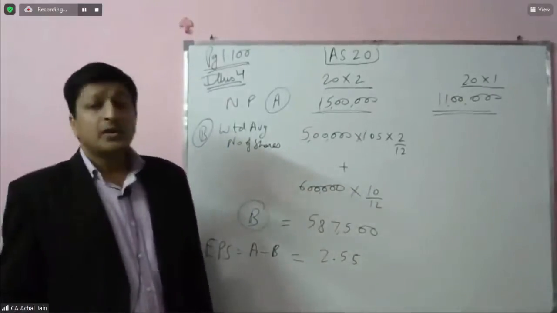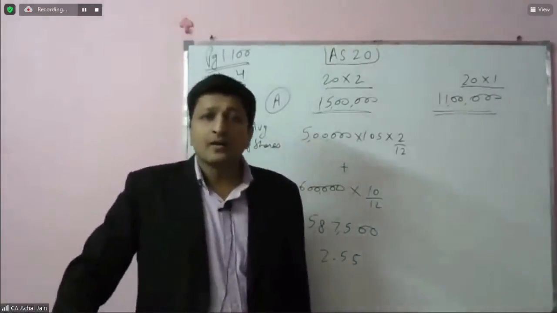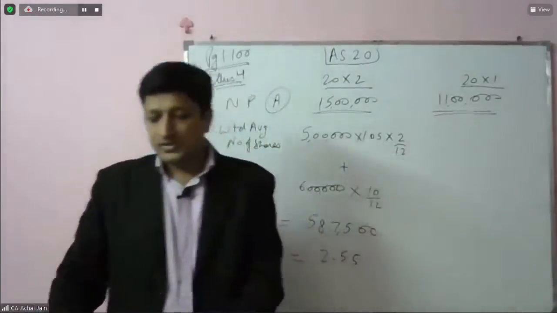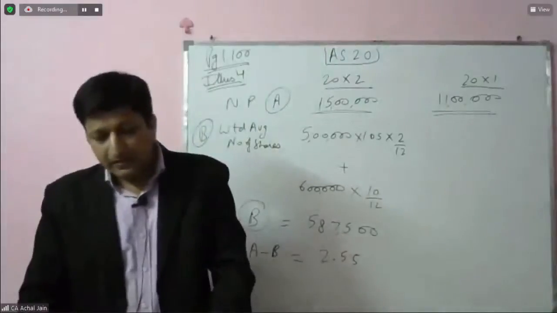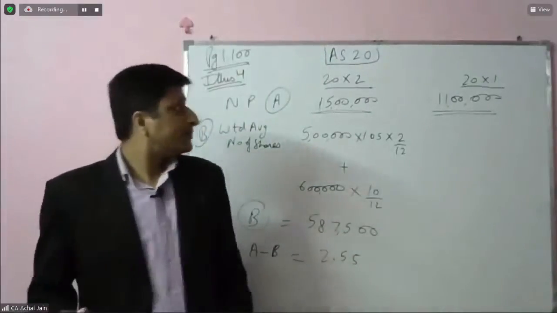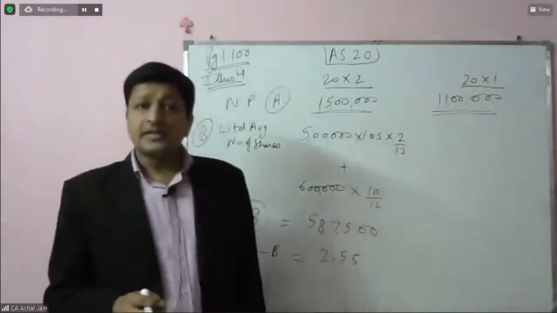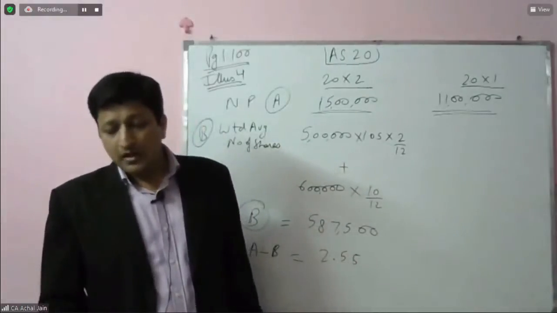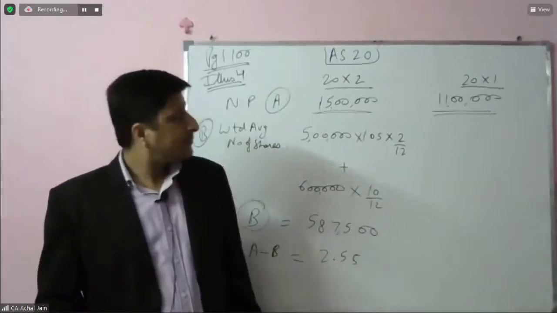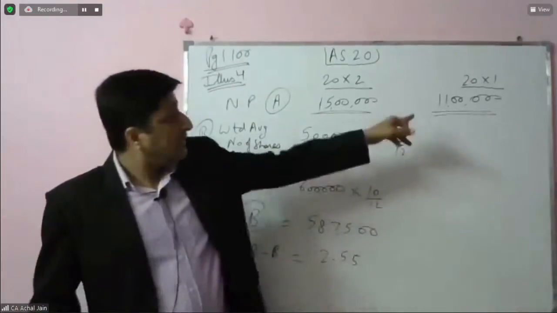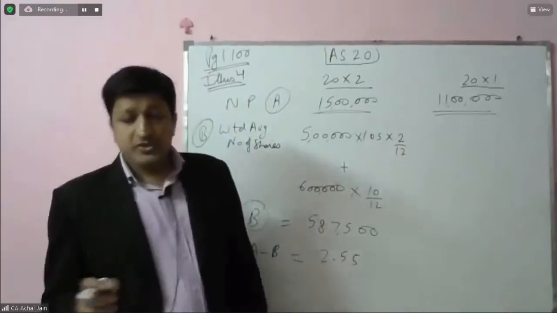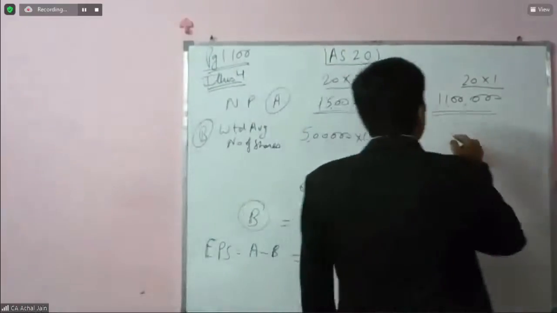Now, we will not remain limited to the current year. We will also be required to recompute the EPS for the comparative year. And how do we do this? Very simple. In the last year, adjustment will be made for the shares. Amount remains intact. This is 11 lakh. But the number of shares need to be adjusted.